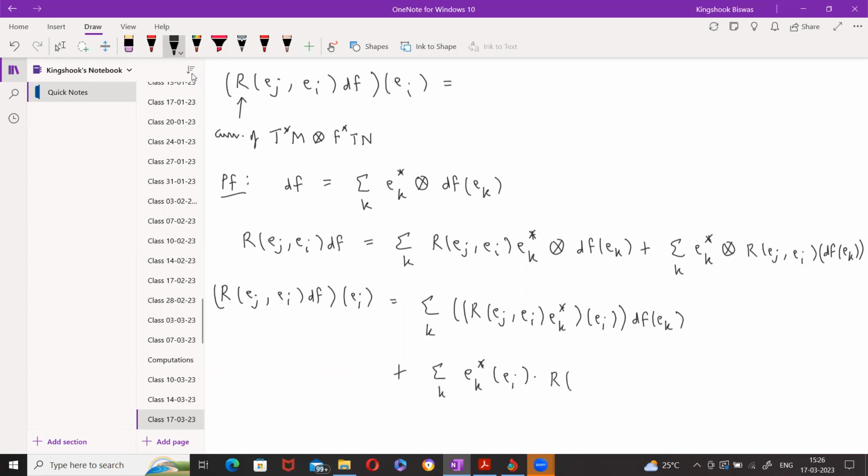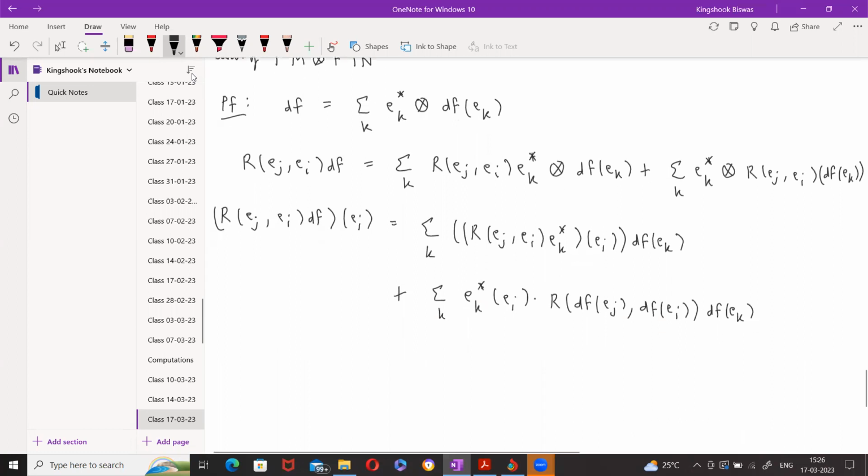We can write it here. This is going to be R of DF E_J, DF E_I. This is now the curvature of TN, acting on DF E_K. Yes, that's what we proved about the curvature of the pullback bundle.